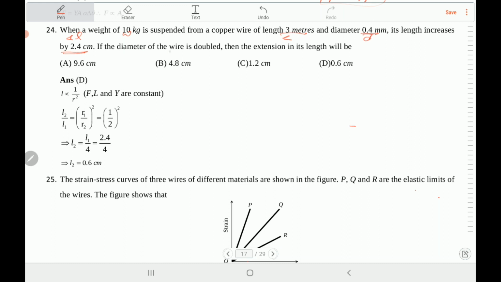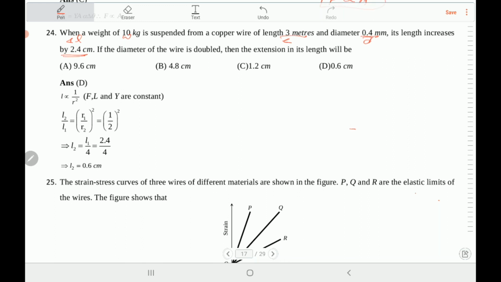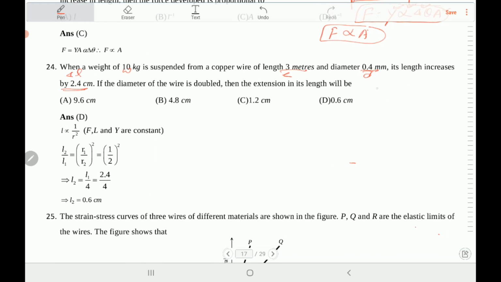Continue. If the diameter of the wire is doubled, then the extension of the wire will be. Here he says only diameter changes. So, what do you write for the extension of the wire? You must be in a position to identify the relation by now because you have solved a lot of applications related to Young's modulus.